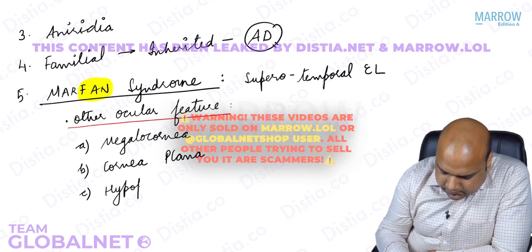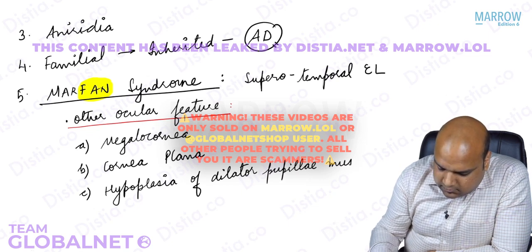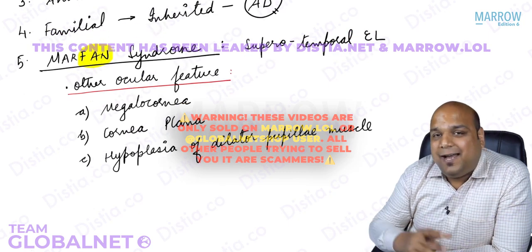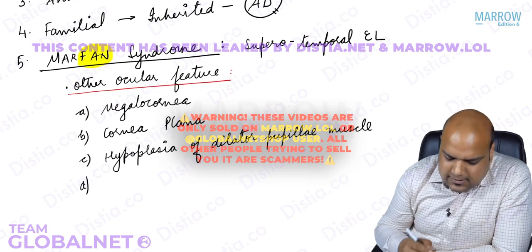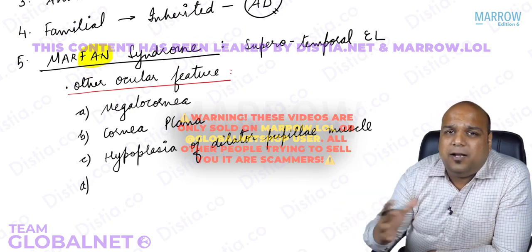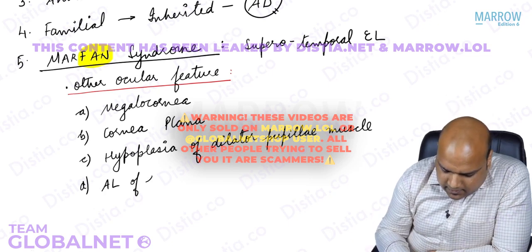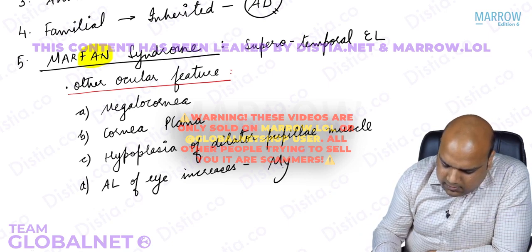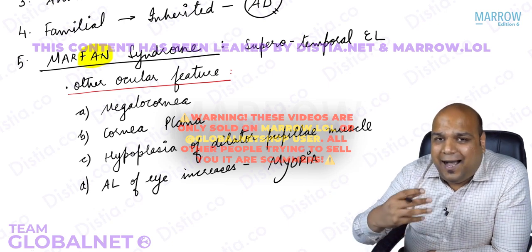Hypoplasia of dilator pupillae muscle. So pupil dilatation is not present properly or completely. And lastly, I hope you understand Marfan syndrome, everything becomes tall and large. So the eyeball also becomes large. So the axial length of the eye increases. When the axial length of the eyeball increases, it leads to myopia. So these patients are highly myopic.